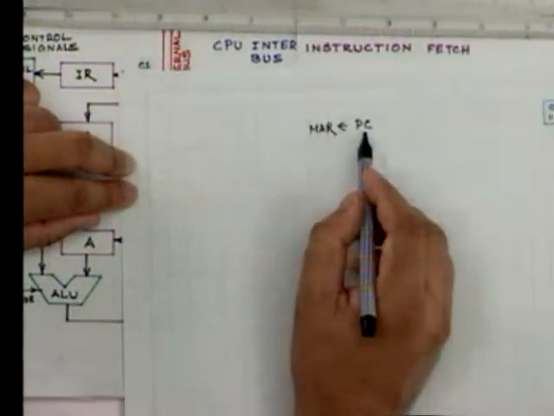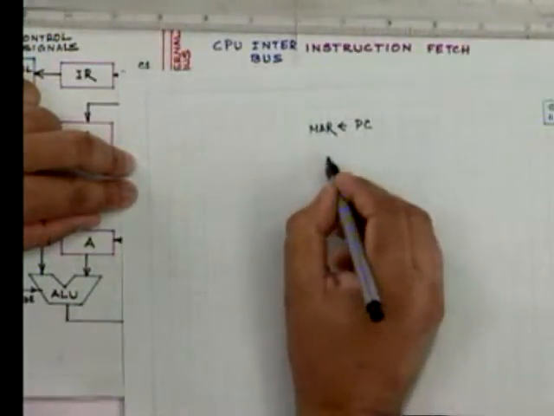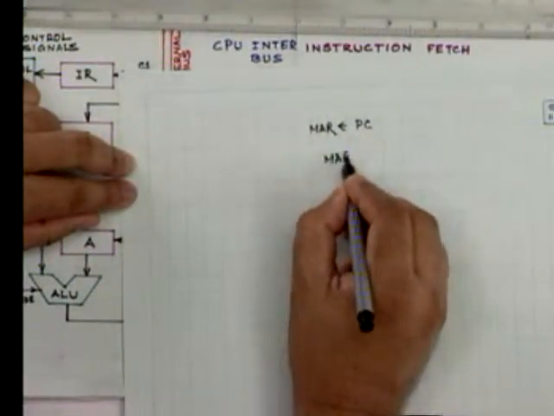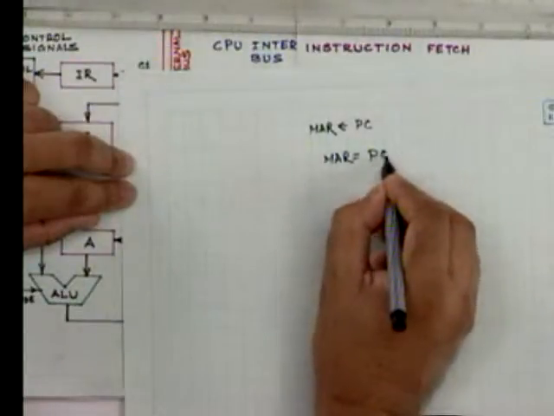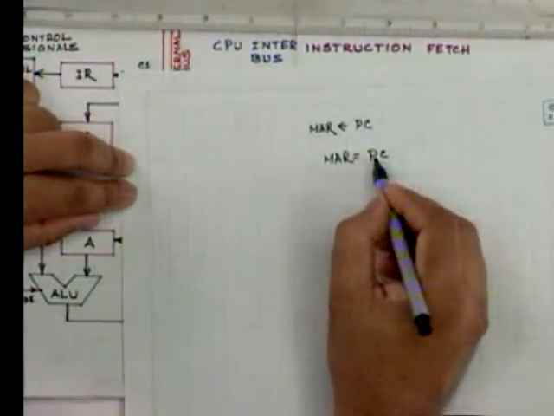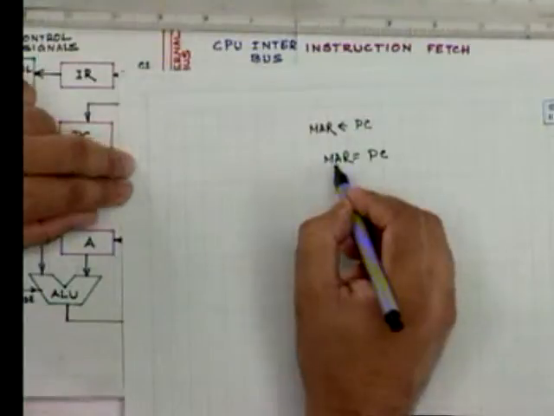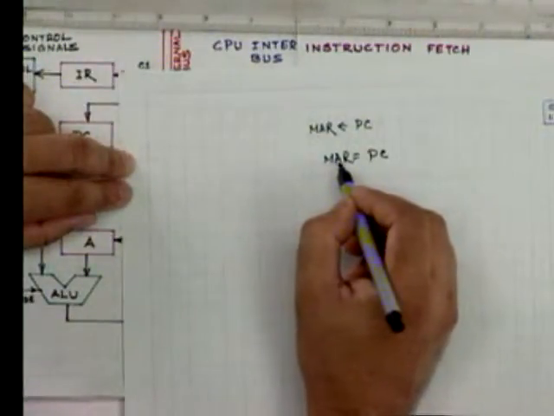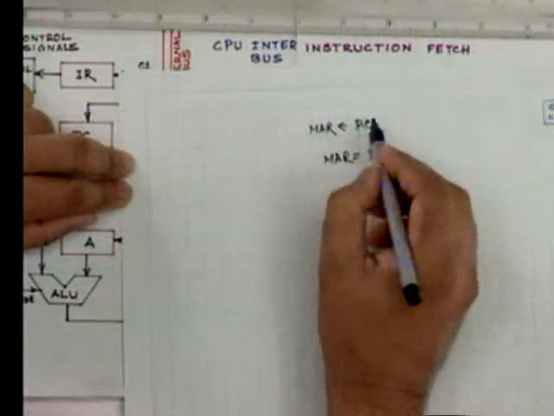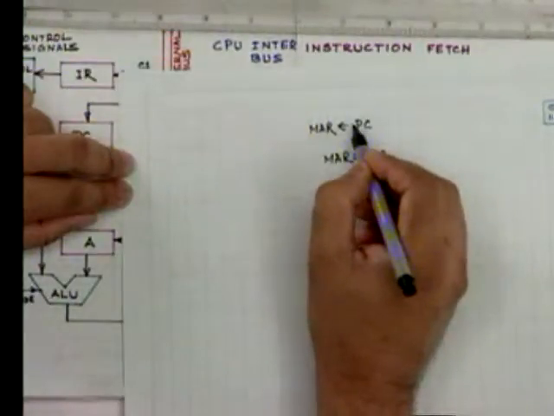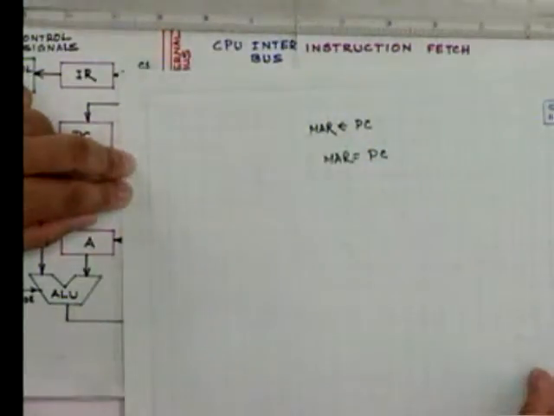It is like a programming language statement, for example MAR equals PC, which means that the content of the program counter is being set into the memory address register. The content of the program counter will come as the content of the memory address register.